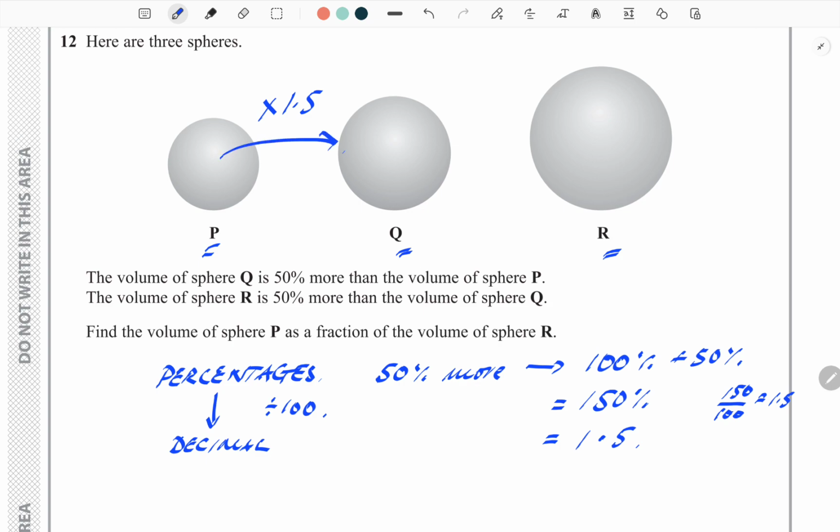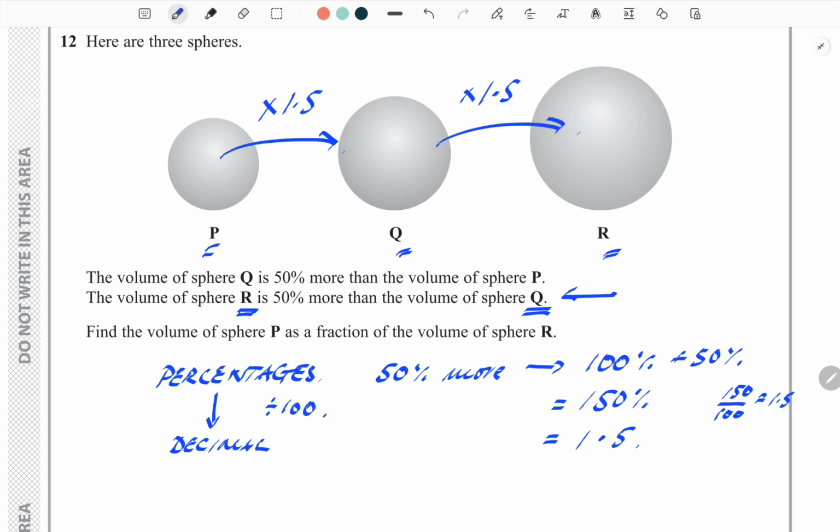Now, a lot of people I think would misread this question, because what it's saying is that R is also 50% more than the volume that we had in Q. And that's the really important bit here. Pay attention to that, because whatever the volume of Q is, we're timesing that by 1.5 again.